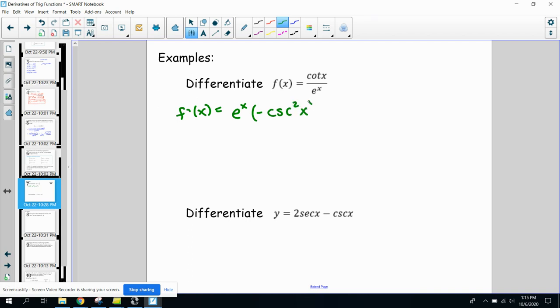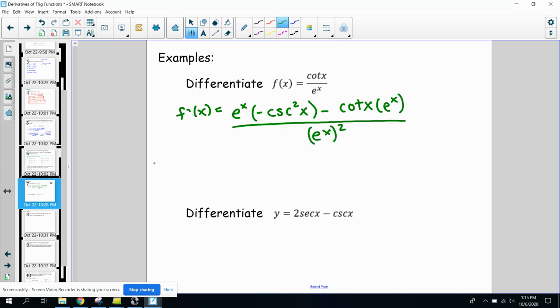And again, use your chart from the previous slide if you need help. Minus the top, so that's cotangent x, times the derivative of the bottom. The derivative of e to the x is e to the x, all over the bottom, e to the x, squared.